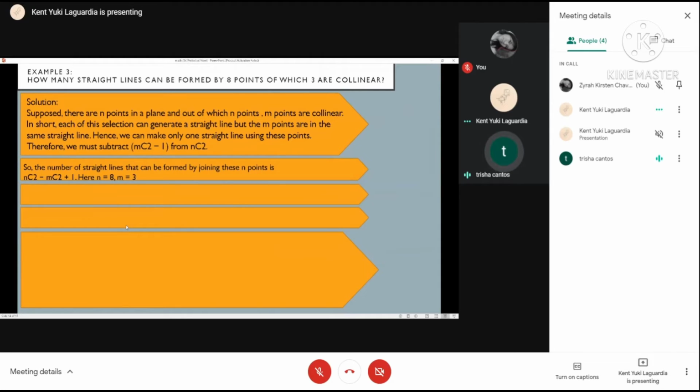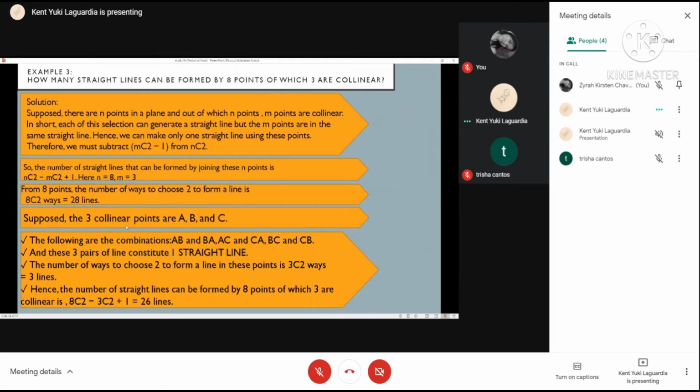Here n equals 8 and m equals 3. From 8 points, the number of ways to choose 2 to form a line is 8C2 equals 28 lines. Suppose the three collinear points are A, B, and C. The following are the combinations: AB and BA, AC and CA, BC and CB.